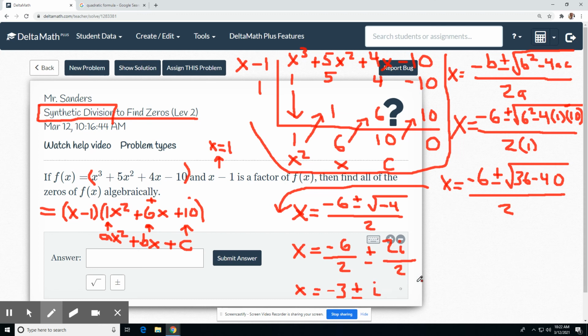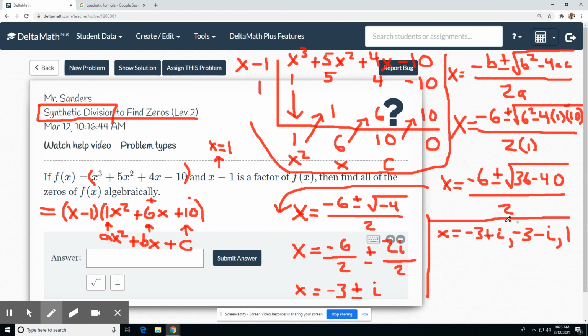So that gives us two answers. That x is equal to -3 plus i and -3 minus i. And then we also have the original answer, x equals 1. All right. So those are all of our roots, zeros, solutions, or x-intercepts.